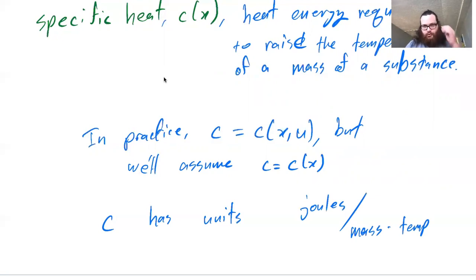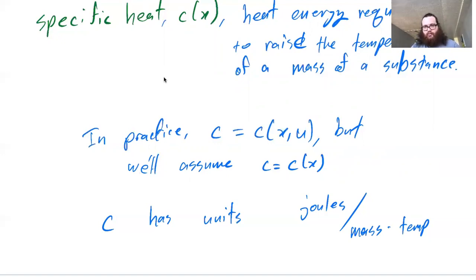So if we want to end up with joules when we're using specific heat, we need to multiply by mass. We need to multiply by the temperature. Okay, and so in the end, that's how temperature is going to appear.